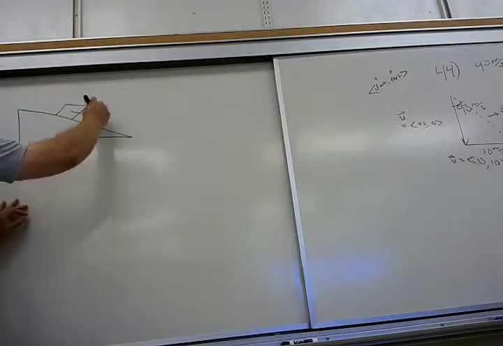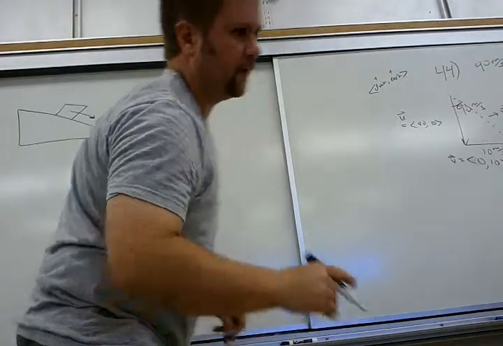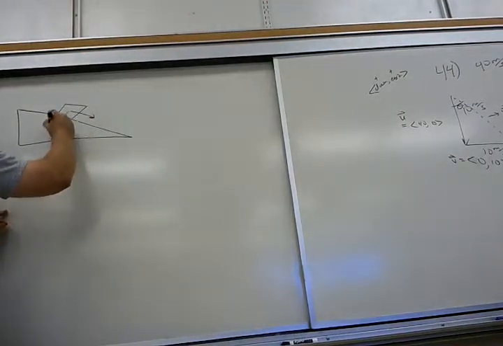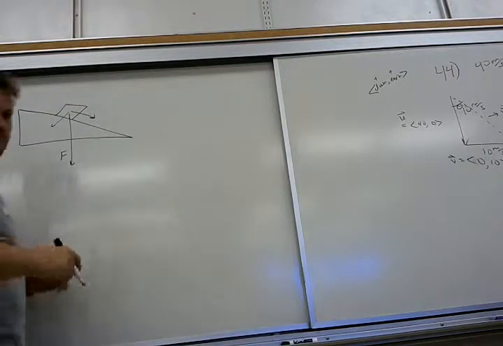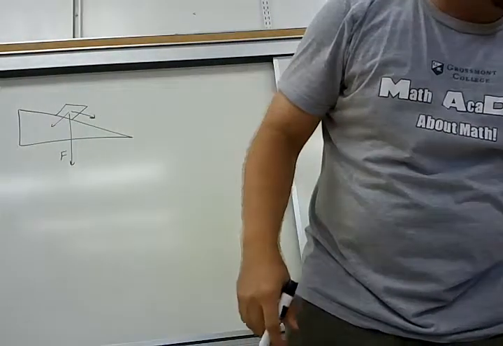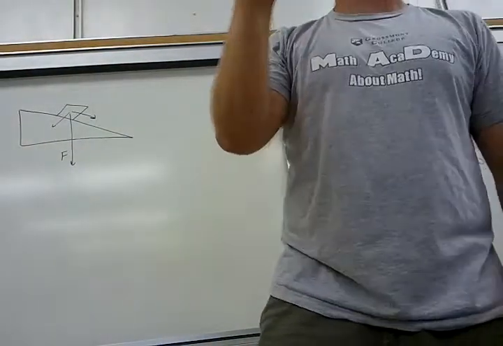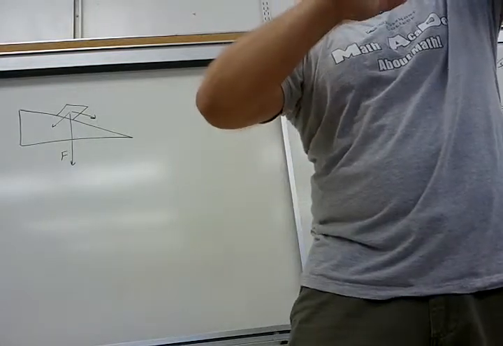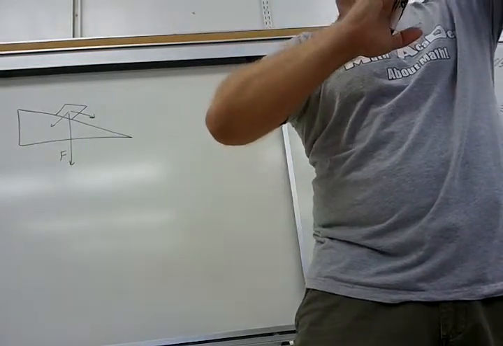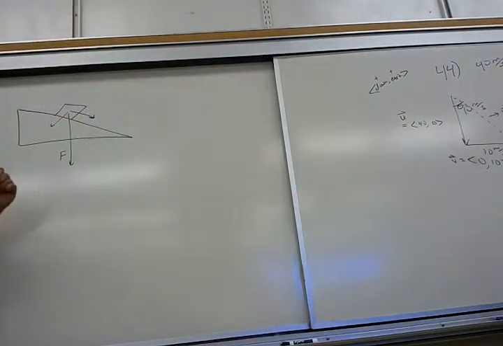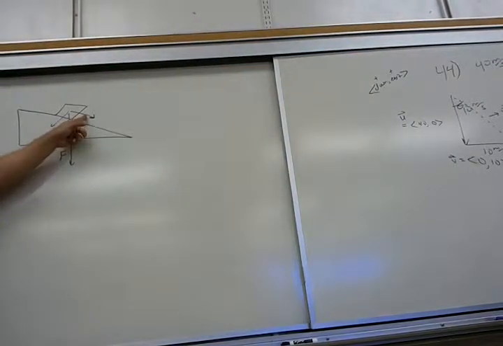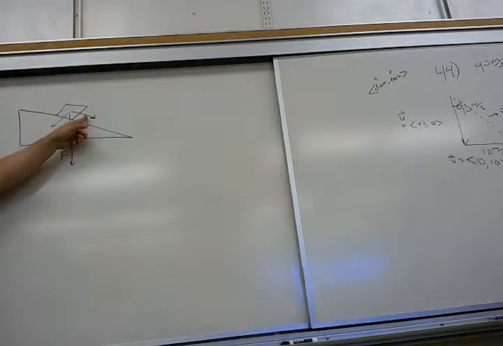So what's it tell me here? I've got to find the components of this force. They want the components that are perpendicular and parallel to the surface of that inclined plane, right? That only makes sense because the force in this direction is what's going to make it move.